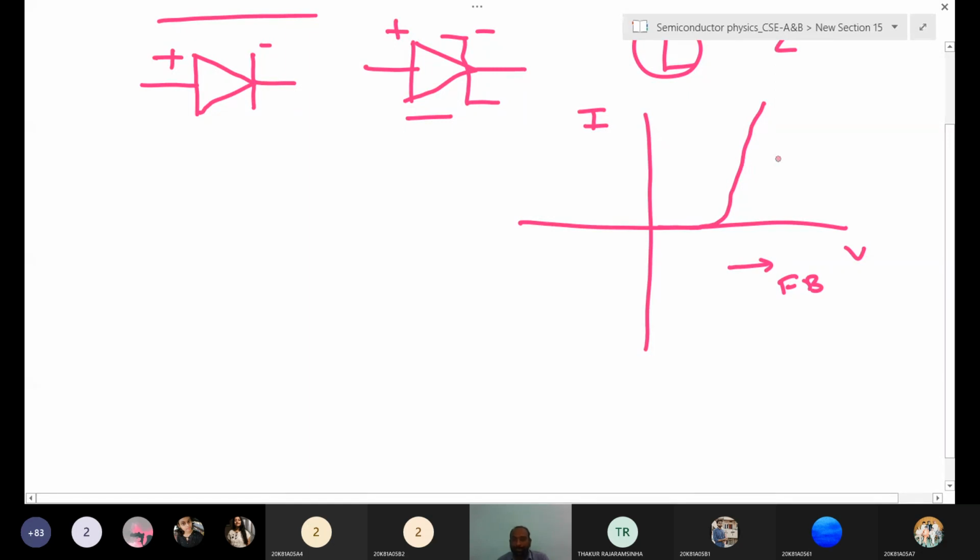This is the same as the normal or conventional PN junction diode. But in reverse bias, the IV characteristic also looks similar: up to a certain voltage there is no current in reverse bias.